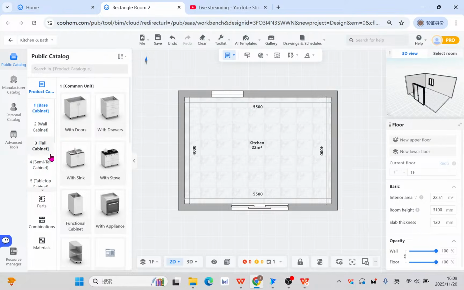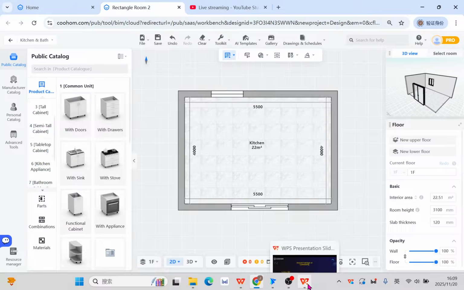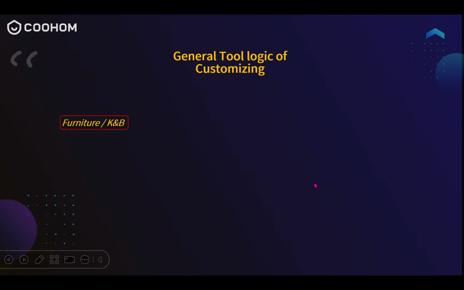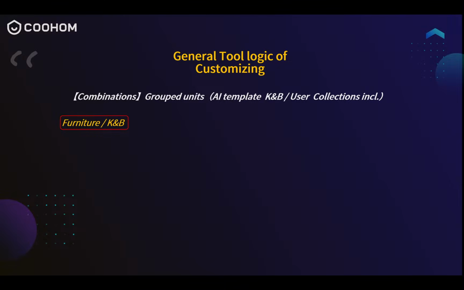And also, when we talk about the different layers like product catalog, parts, and even combinations, materials, what are the differences? Actually, here I provide you a logic map. The map will guide you to the correct dimension.